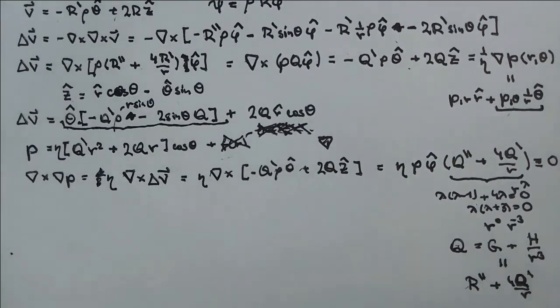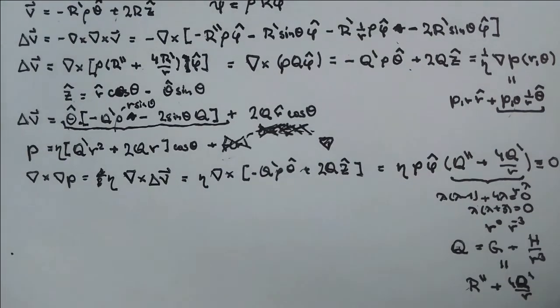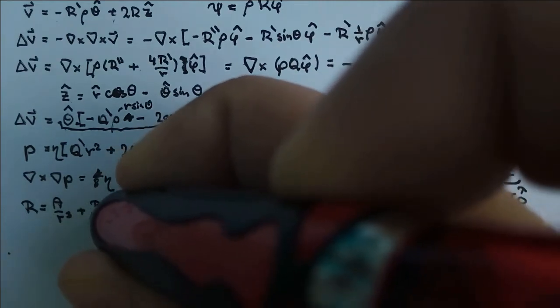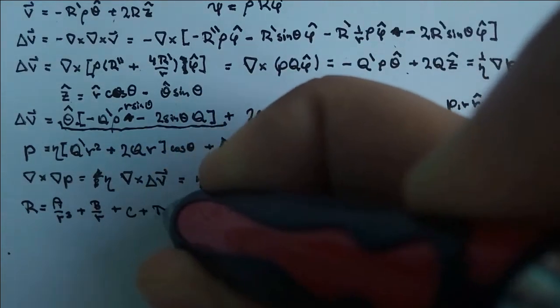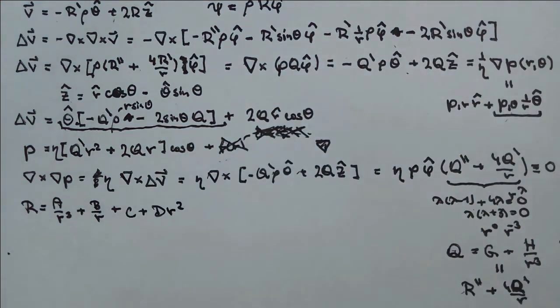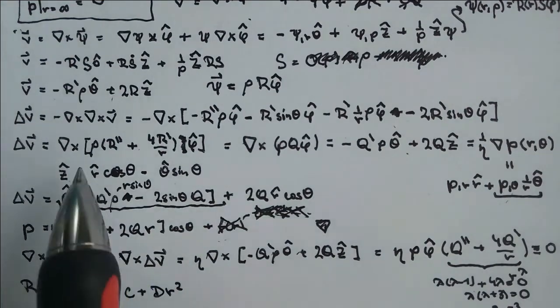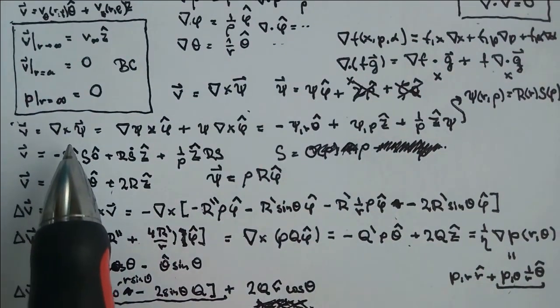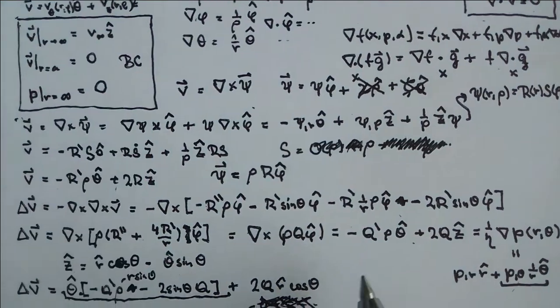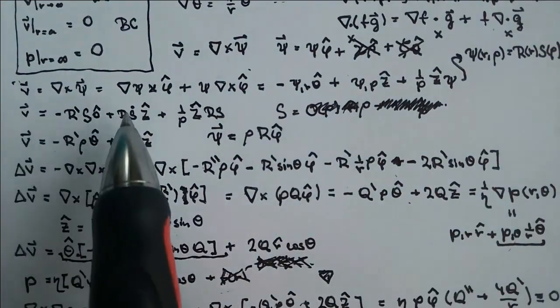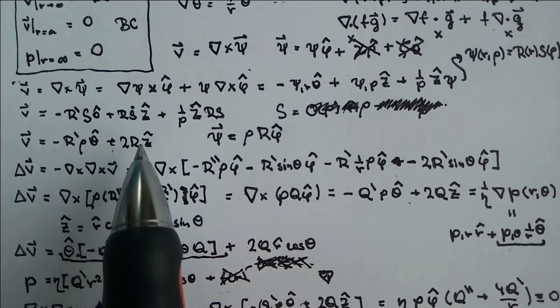So we come to the conclusion that r is going to look like this. It's some constant over r cubed plus b over r plus c plus d times r squared. We have already mentioned that r should vanish at infinity, because the boundary condition for v was a constant times z, but v is proportional to r times z hat.